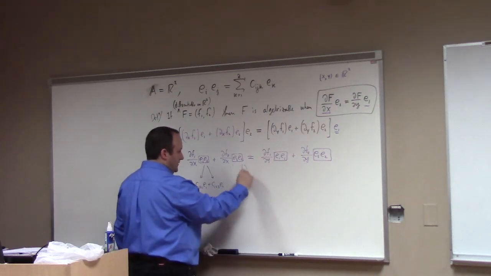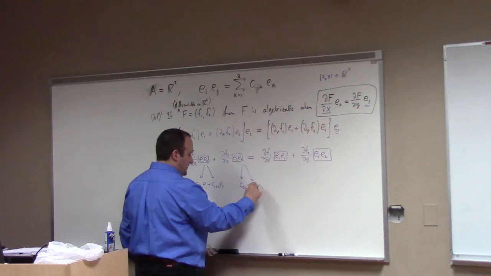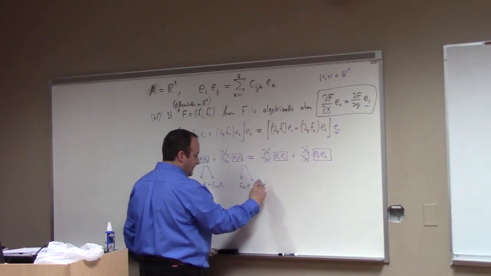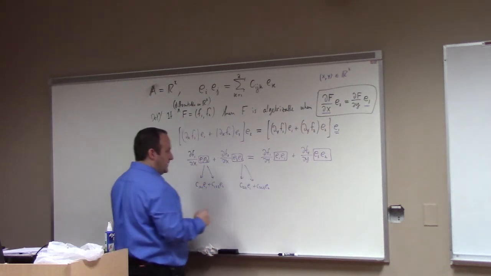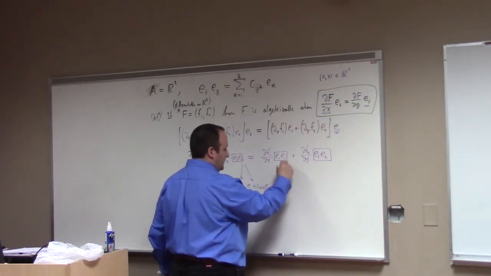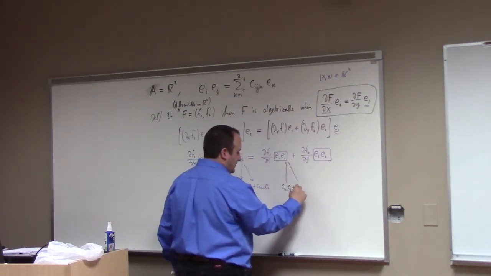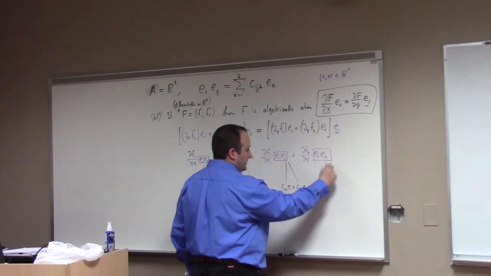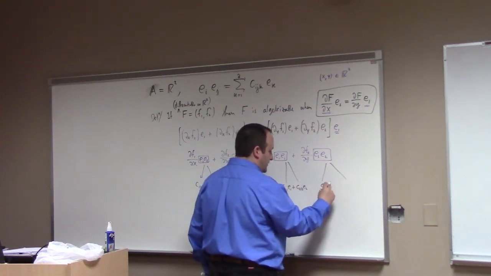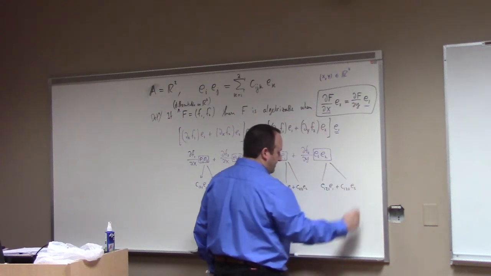This gives us c221 e1 plus c222 e2. This gives us c111 e1 plus c112 e2. And this one, of course, expands into c121 e1 plus c122 e2.